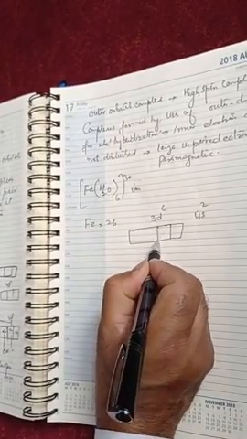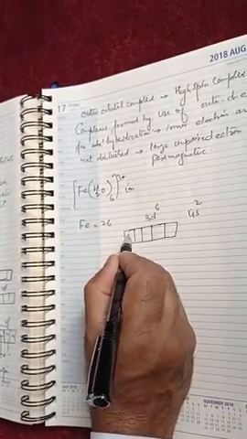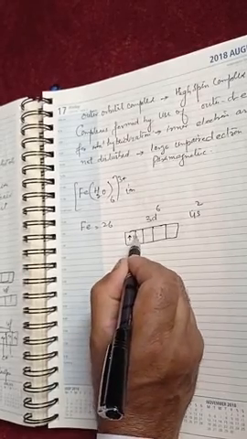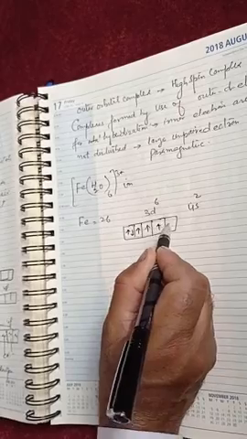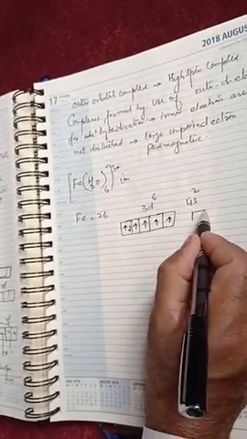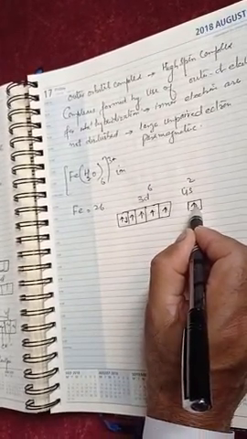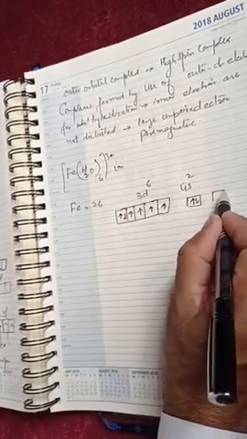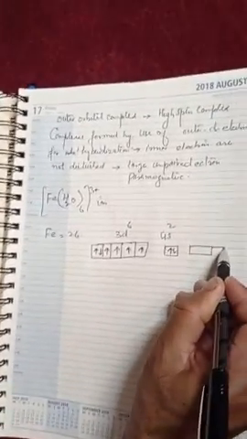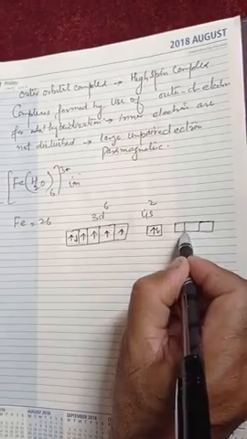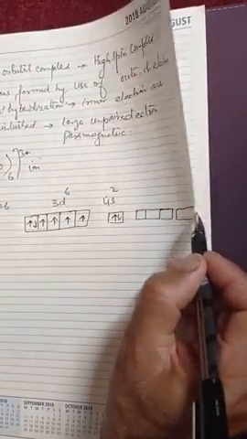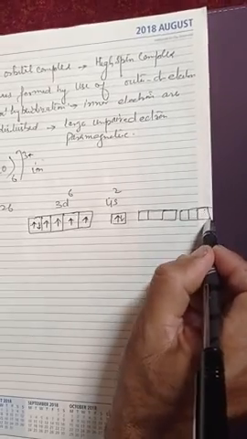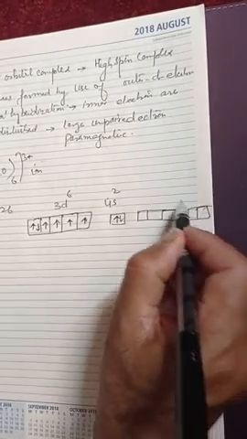3d6, 1, 2, 3, 4, 5, 6, 3d6, 4s2, and there is 4p, and again there are 4d orbitals.